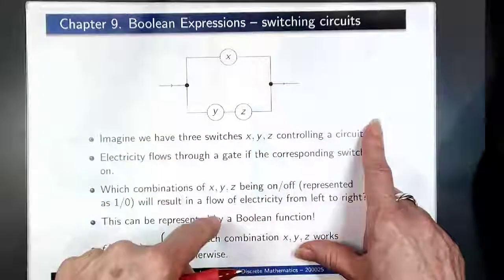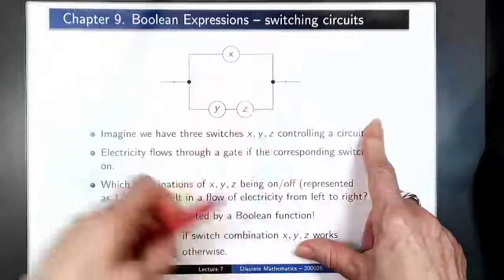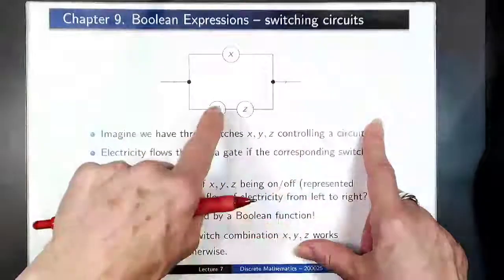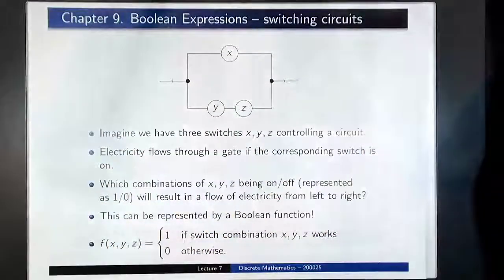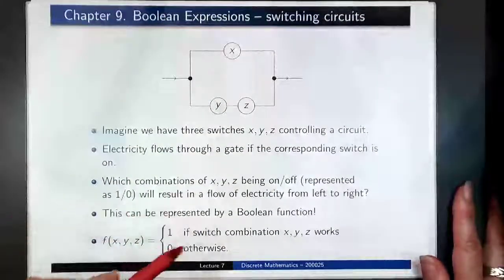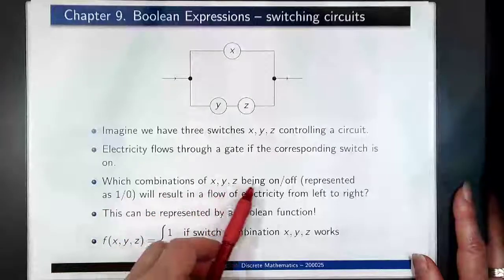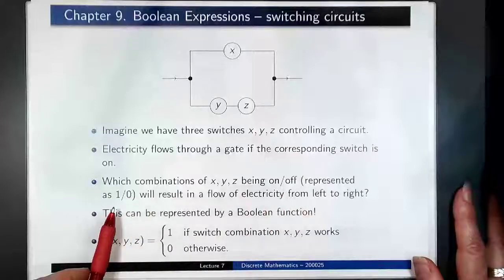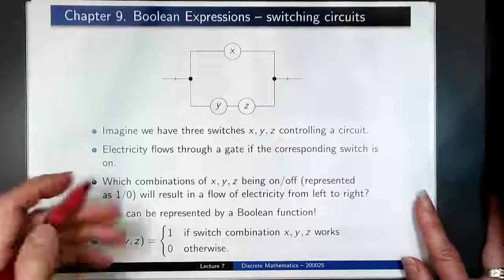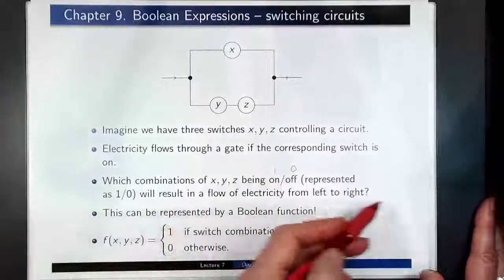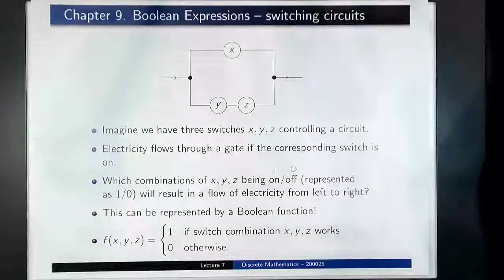So if it's on, current flows, arrows show, so the current will flow along there if it can. If something's off, it can't flow through. Okay. Which combinations of X, Y, and Z being on and off, represented as 1, 0, so 1 is on, 0 is off, will result in the flow of electricity from left to right.